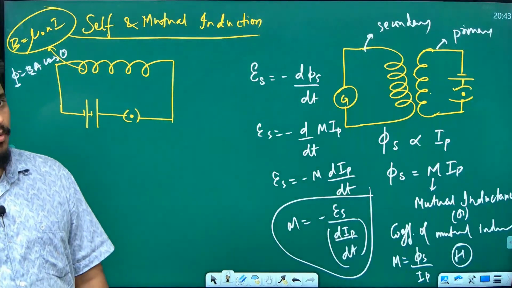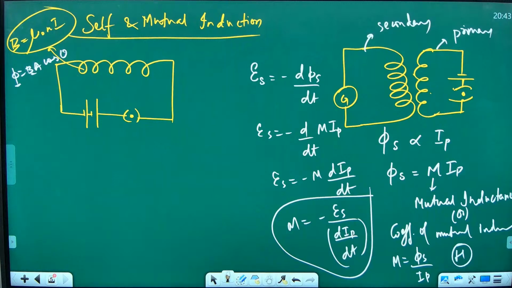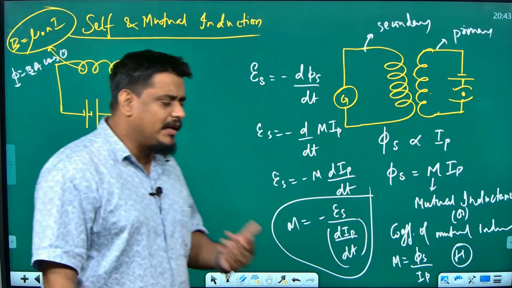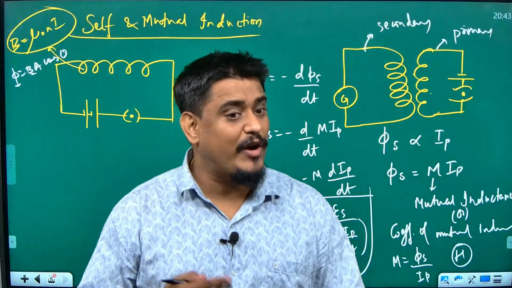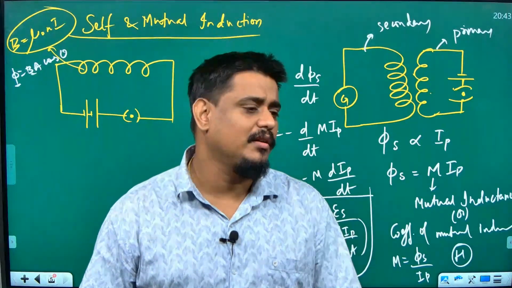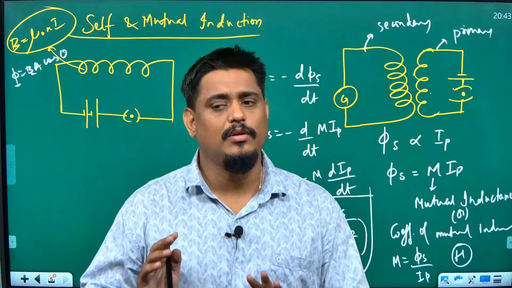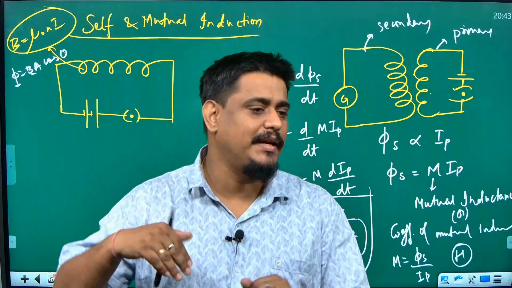So, now you came to know that self inductance L is equal to phi by I, or L is equal to minus E by di by dt. M is equal to phi S by IP, or M is equal to minus ES by dIP by dt.